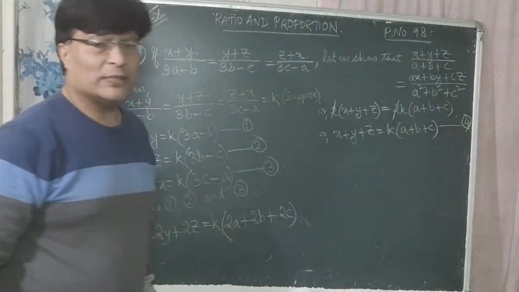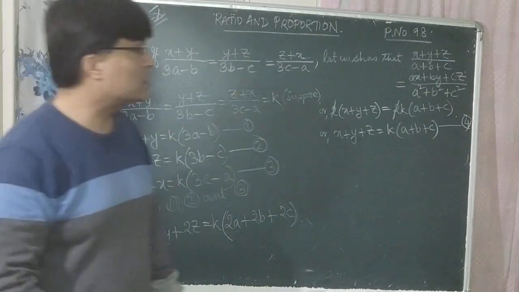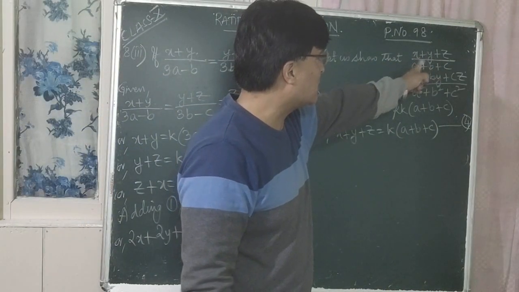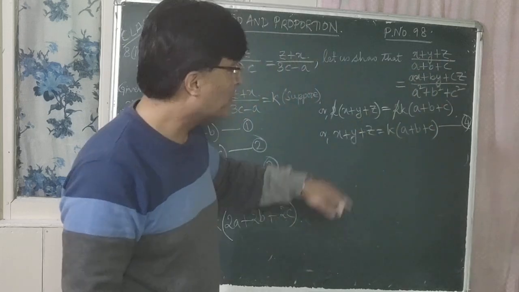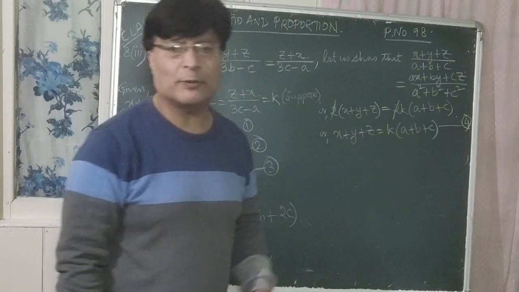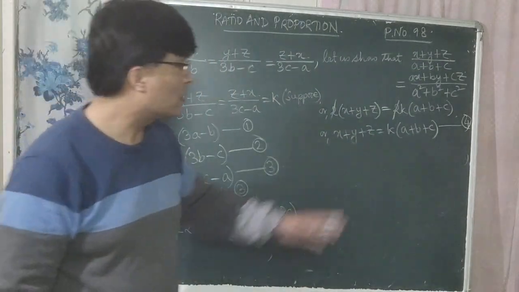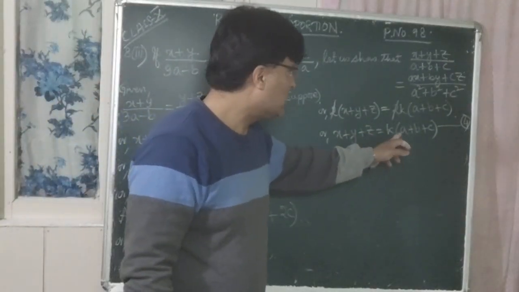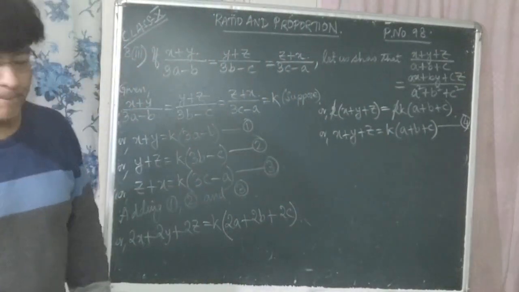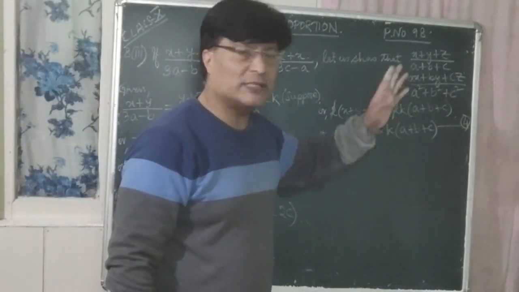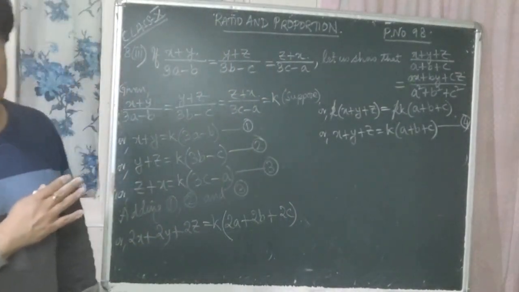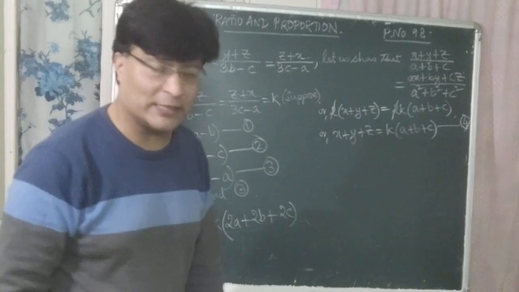Is that clear to all of you? So what will you do in the next step? The left hand side here is the expression x plus y plus z upon a plus b plus c. So from 4 you can get this value. In equation number 4, a plus b plus c should be taken to the left hand side, since k is multiplied by it, and written in the denominator.